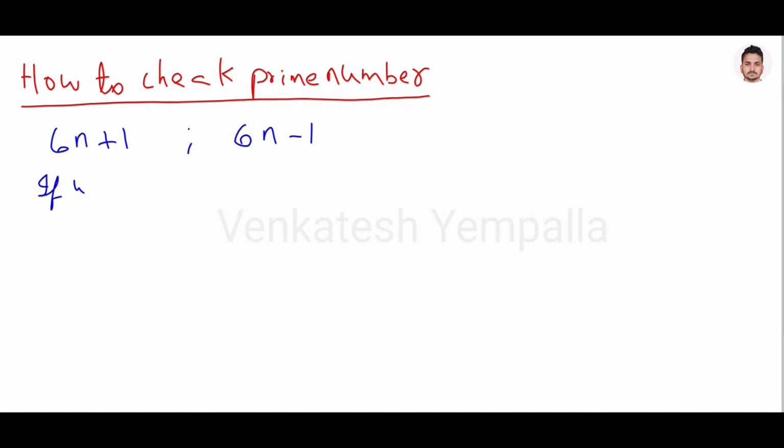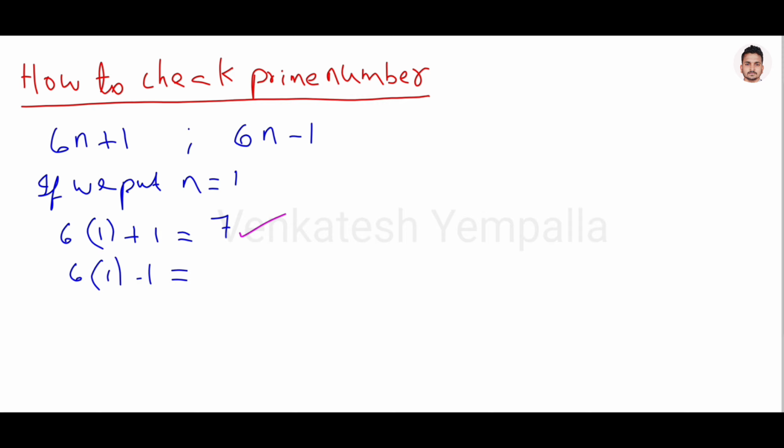If we put n equals 1, what will come? 6 into 1 plus 1 is 6 plus 1, which is 7. Is it a prime number? Yes, a prime number. Now the second formula: 6 into 1 minus 1 is 6 minus 1, which is 5. We check whether 5 is a prime number or not. 5 is a prime number.